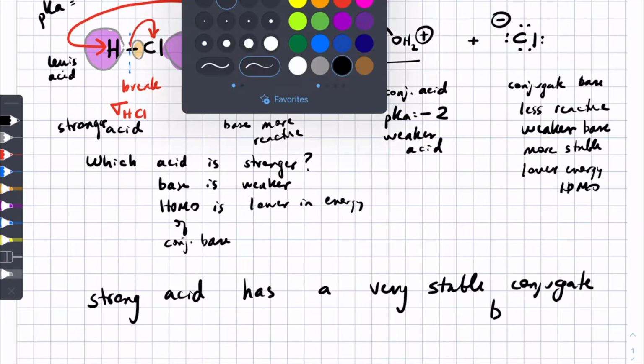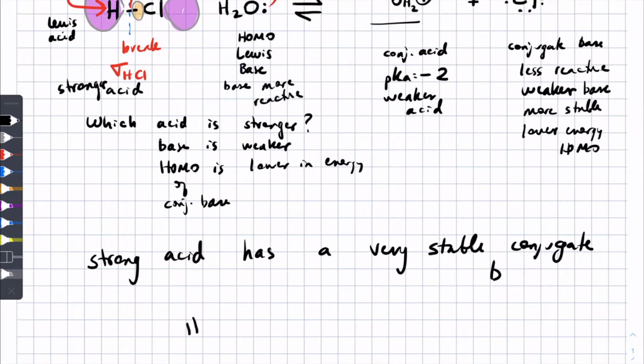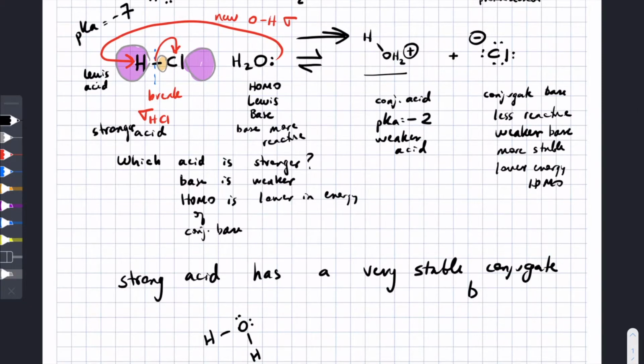Let's think about water and see if there's a difference there. Maybe I'll draw out the whole Lewis structure of water. I guess oxygen does experience an octet, though I guess your point is that in Cl minus they're all on chlorine instead of shared. Okay, what else? What other property do you think might help explain this?